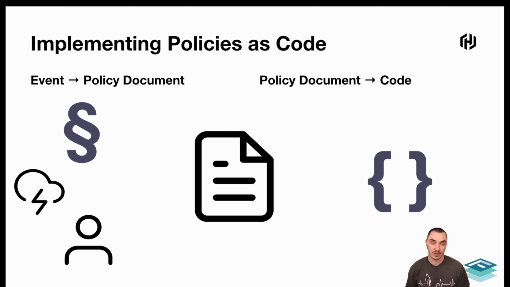The interesting part for us here is how to translate a policy document to code. This is actually a manual step. It's nothing we can automate. This is something we need to have a look at item by item, control by control, and decide if and how we can translate a prose document to code.